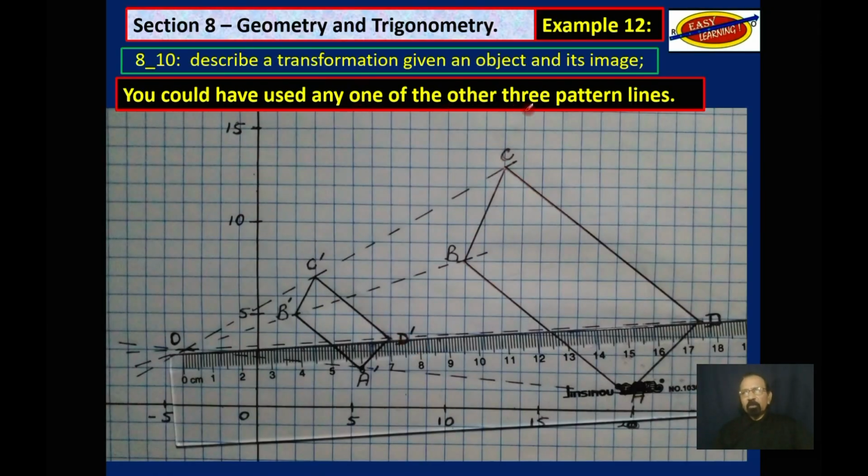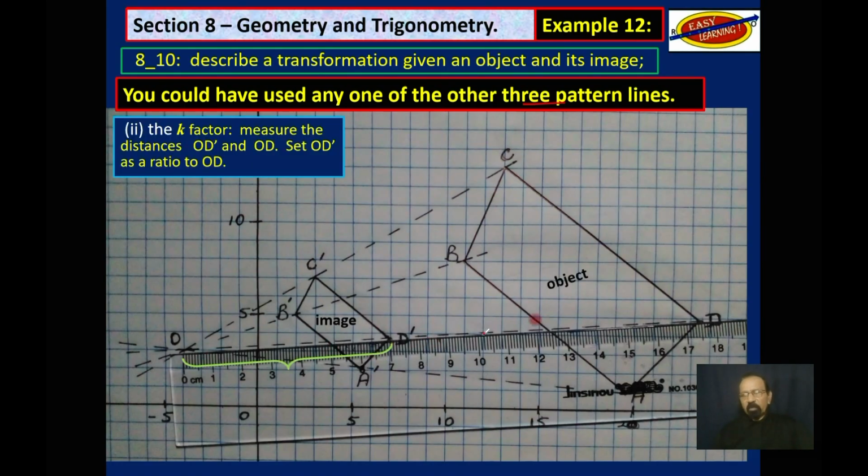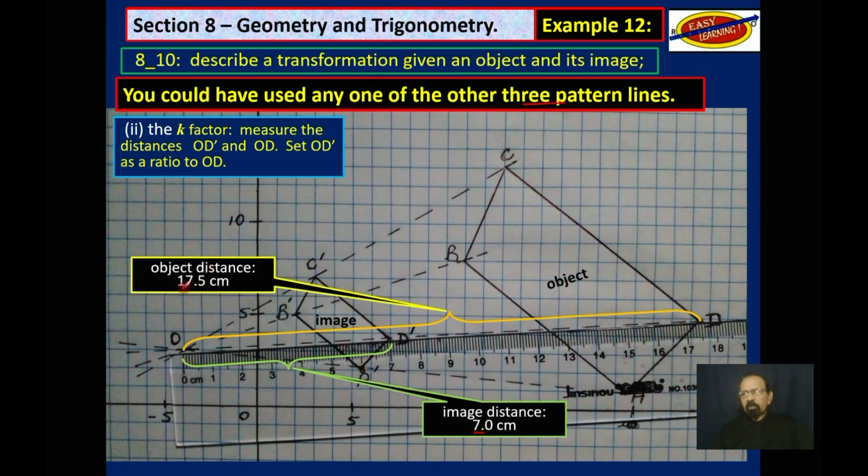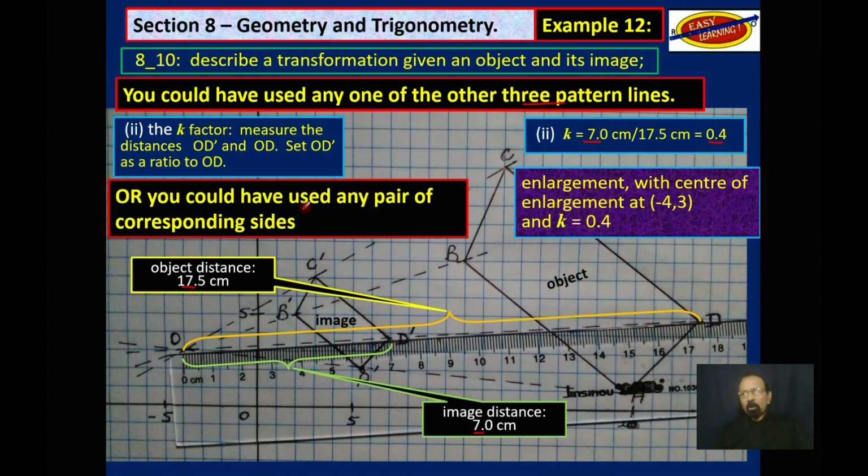Now, as I said, you could have used any of the pattern lines like this. I am doing this other one. From there to there is 7. From here to here is 17.5. If I set up the ratio, I still get 0.4. Or you could have used any pair of corresponding sides.